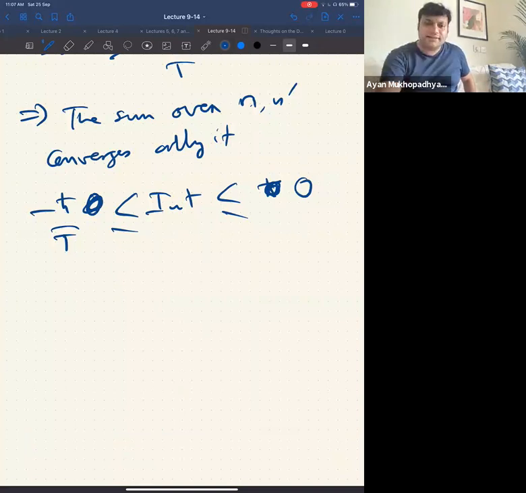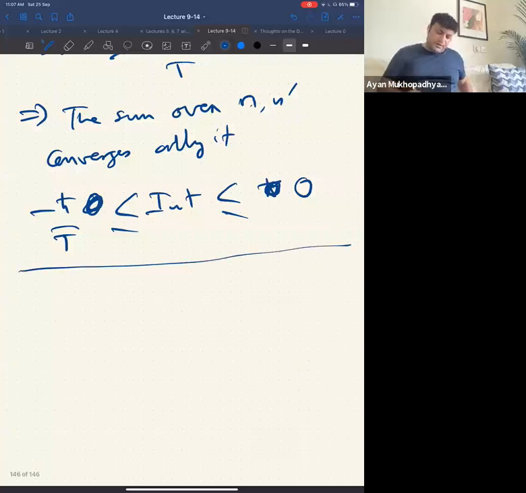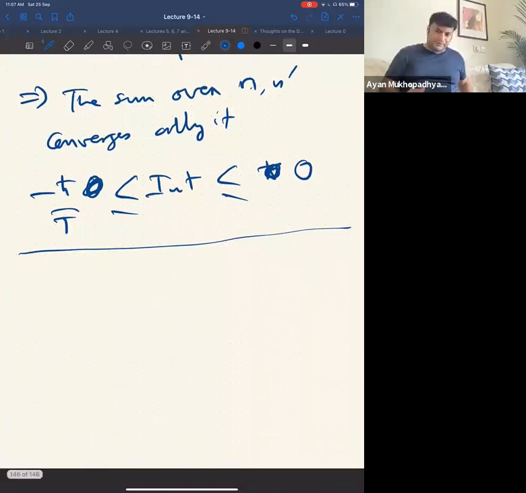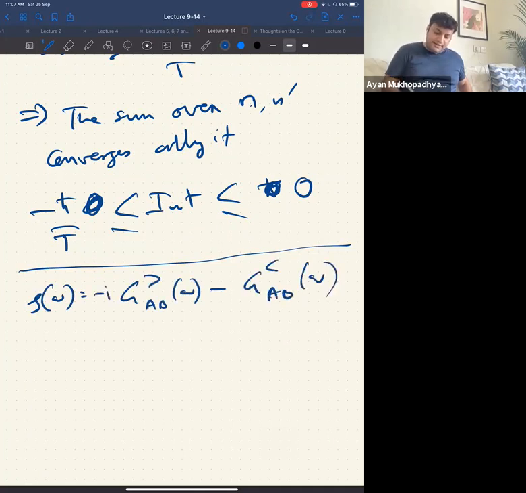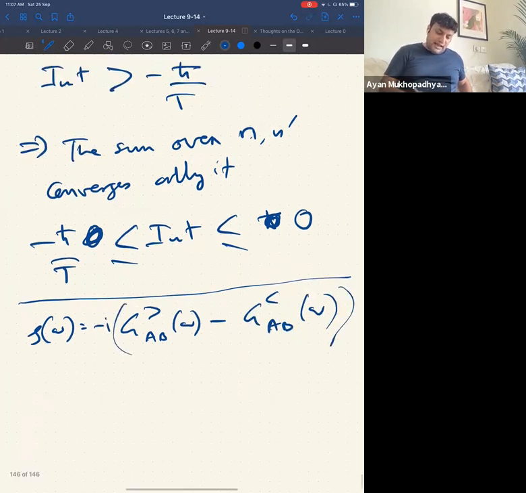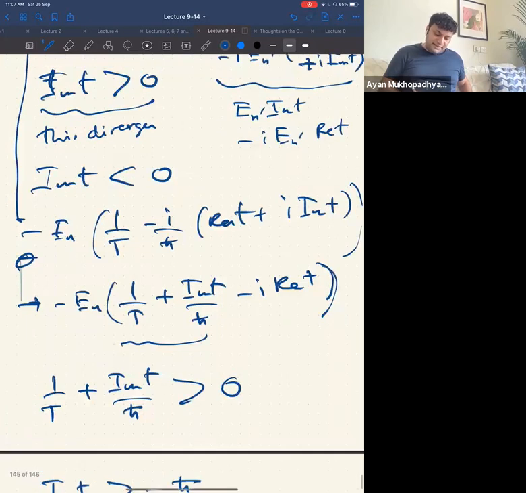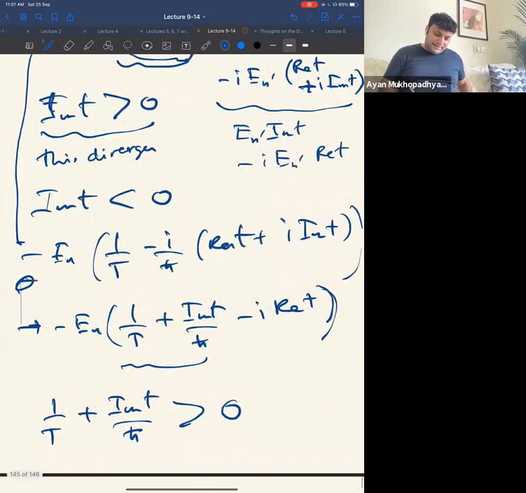Let's then try to end here now. But maybe I can already tell you this fluctuation dissipation relation comes about because if you see the commutator rho of omega, it is nothing but G greater AB omega minus G less AB omega times minus i. Sorry, I should have defined it with a minus i. I didn't do it.